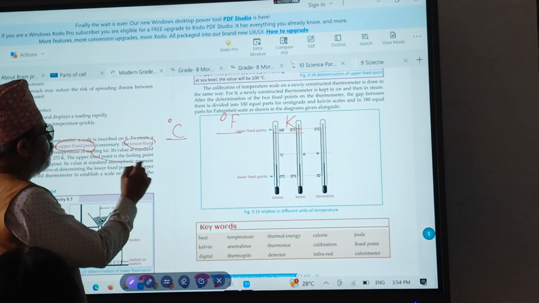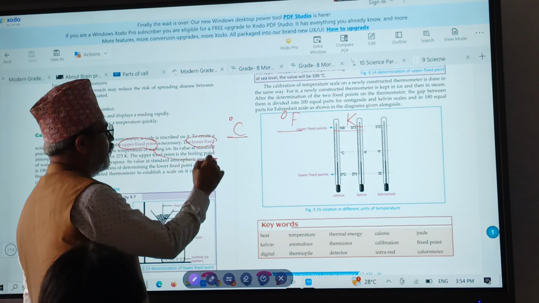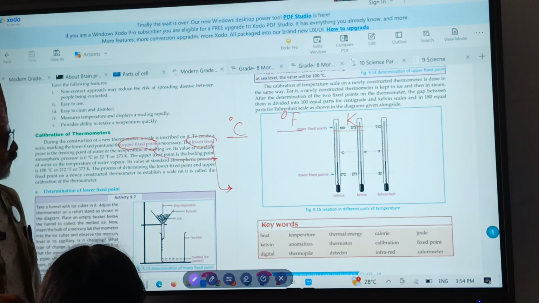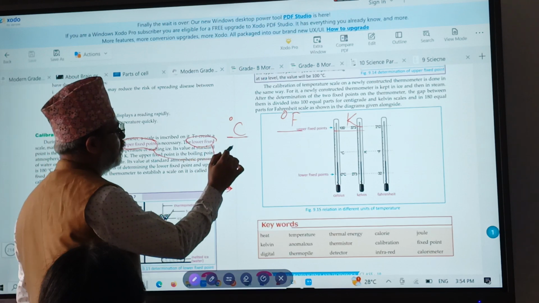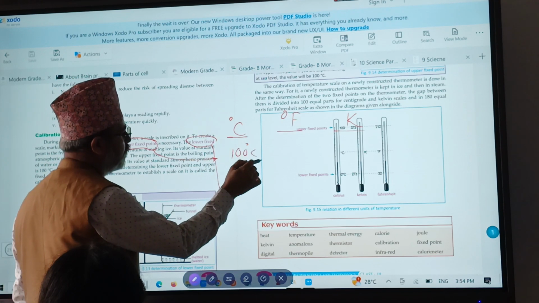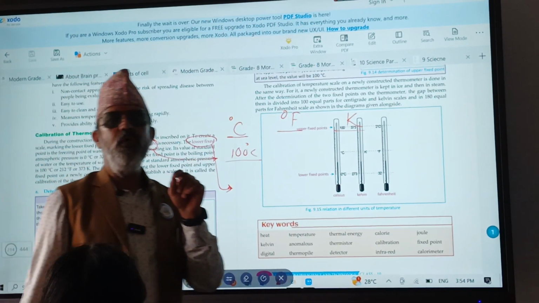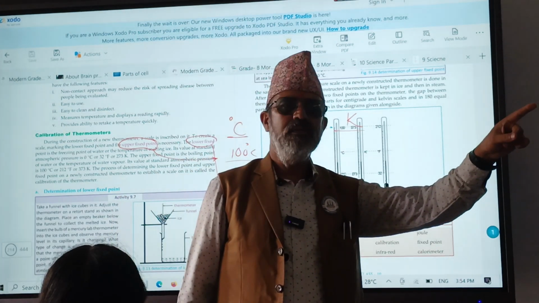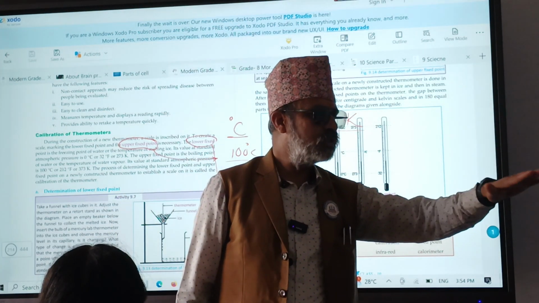Boiling point or upper fixed point in degree centigrade and lower fixed point in degree centigrade we have to find out, right? So, what is the upper fixed point in degree centigrade? 100 degrees centigrade.